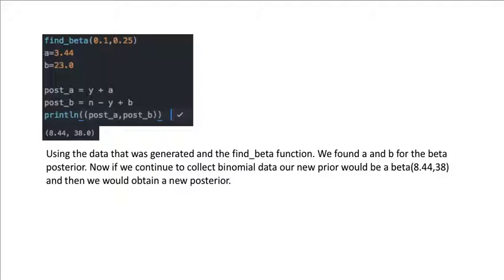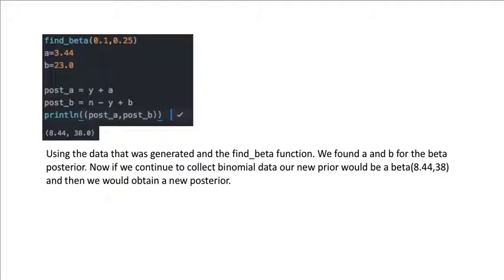For the posterior, the first parameter is y plus a, and the second one is n minus y plus b, as you saw on the previous slide. So we simply add 5 to a, which gives us 8.44, and then we add 15 to b, which gives us 38.